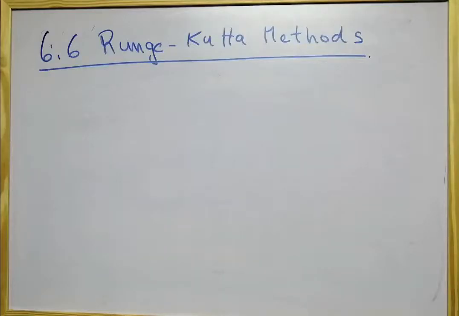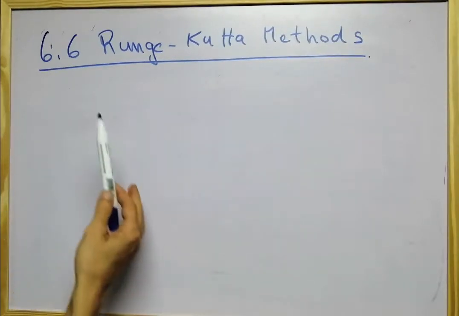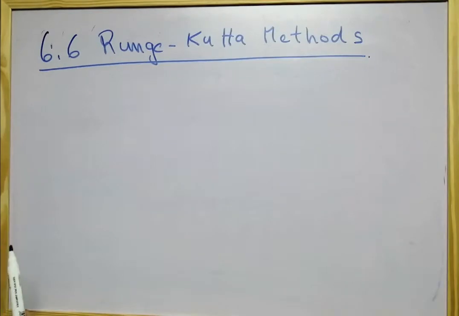Runge Kutta methods are the most used explicit methods. They don't require the knowledge of the next points, and they also don't require the calculation of the derivative of f of x, y with respect to x or y, as we saw before.